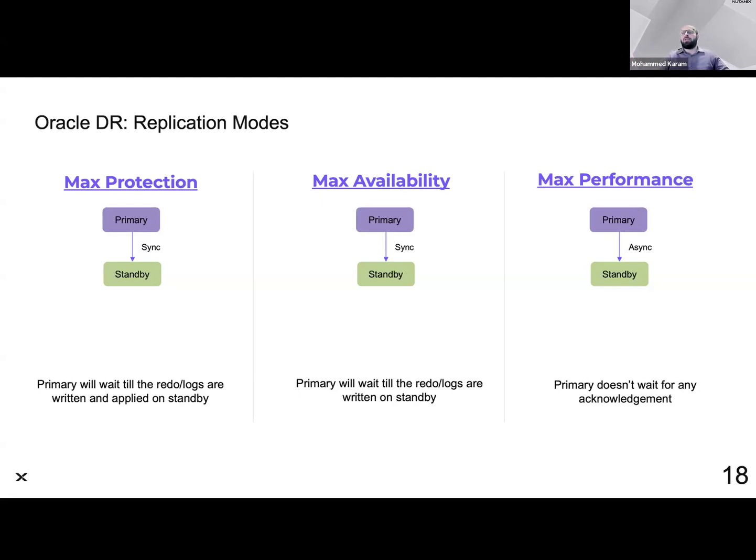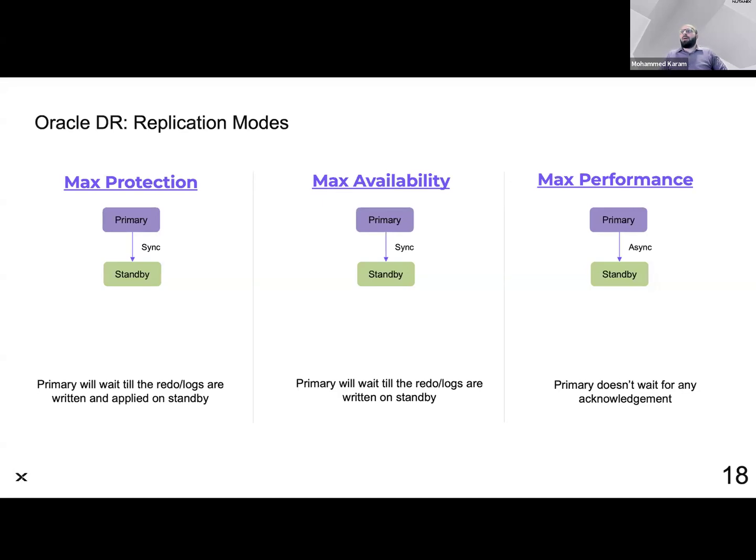So for maximum protection, a transaction is not considered committed until two things happen: the redo logs are sent to the standby, and they are applied and confirmed by the standby. That's the highest protection, as the name implies, that you can get within your configuration. Because of that additional wait, it may not be the most performance favoring option. So that's why the other two options are provided, depending on the workload in question.